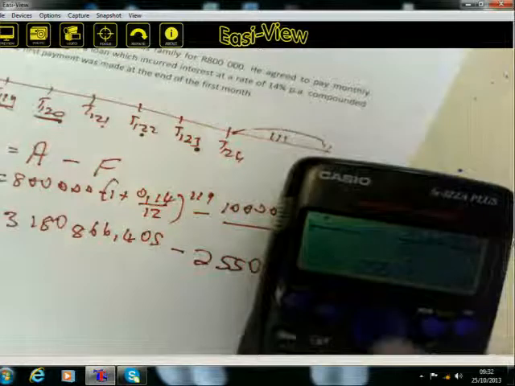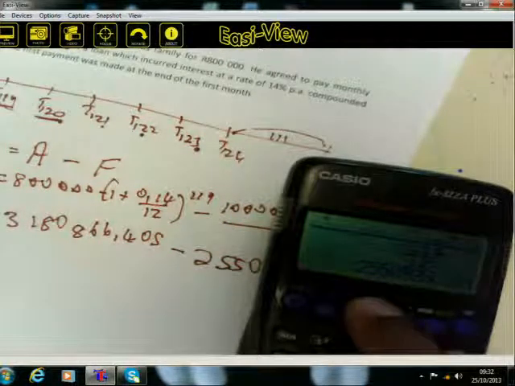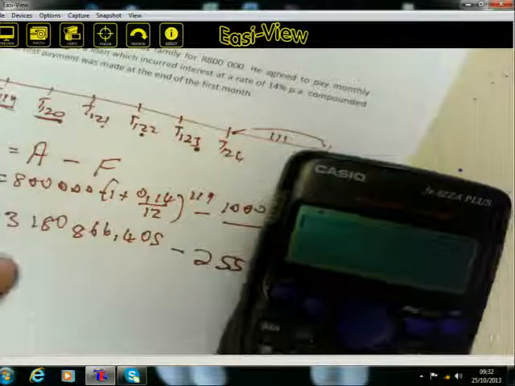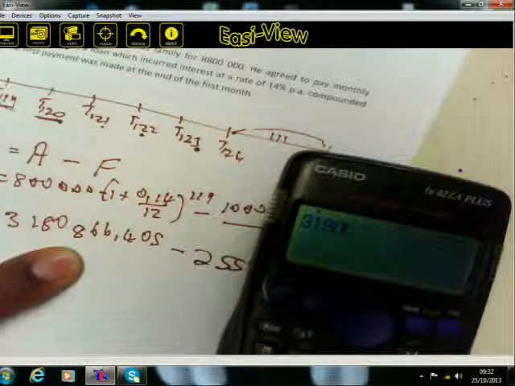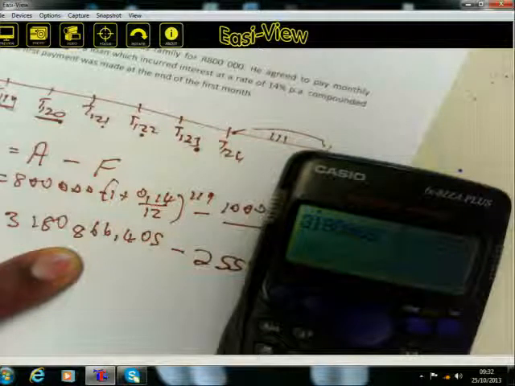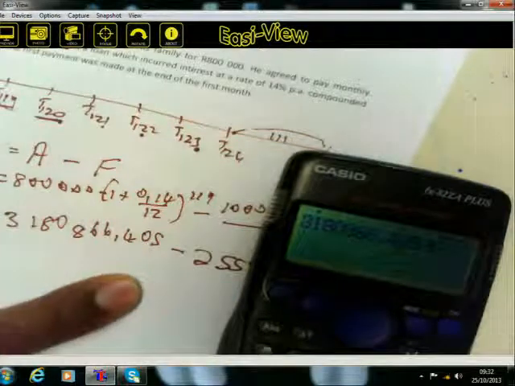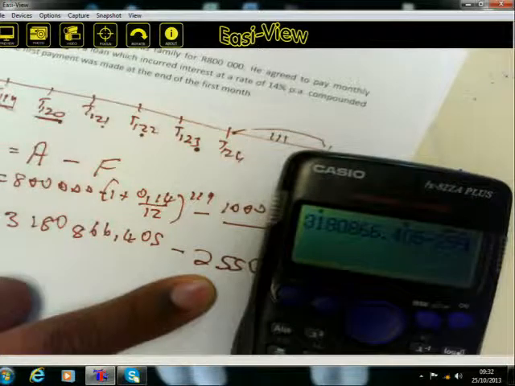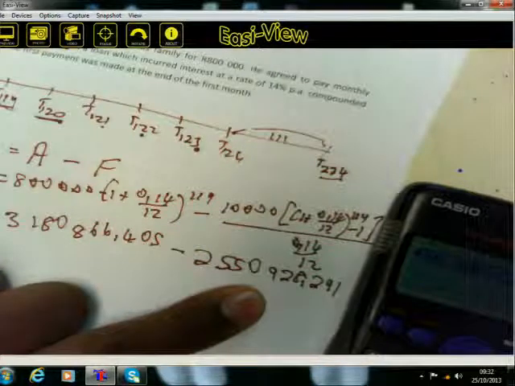And now what we want to find out is what is the balance? What is the balance there? Now we take 3,180,866 rand 40 cent or 41 cent minus 2,550,928 rand 29 cents.